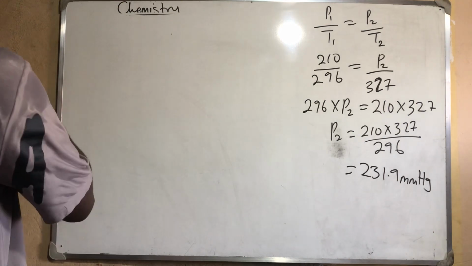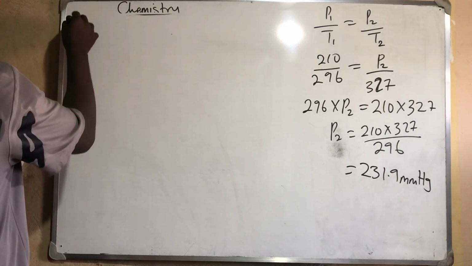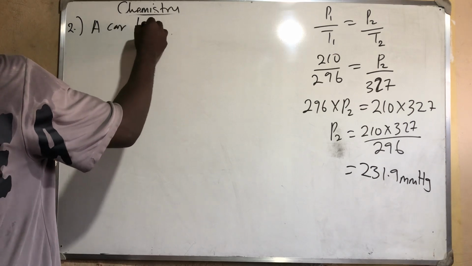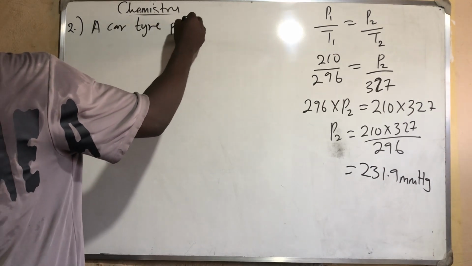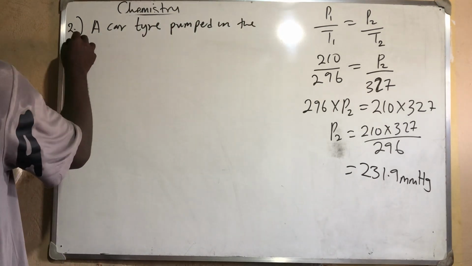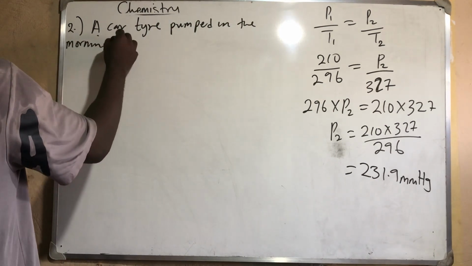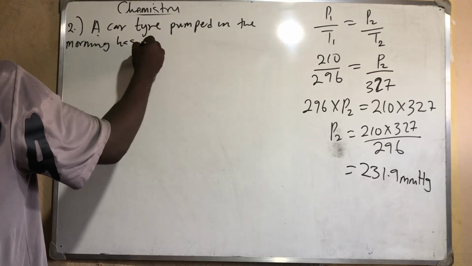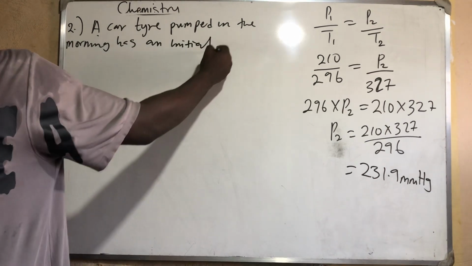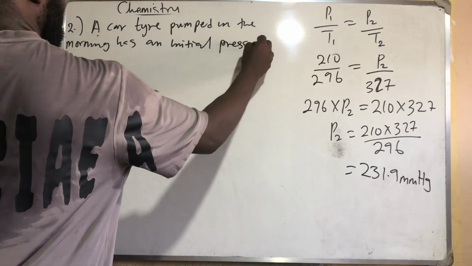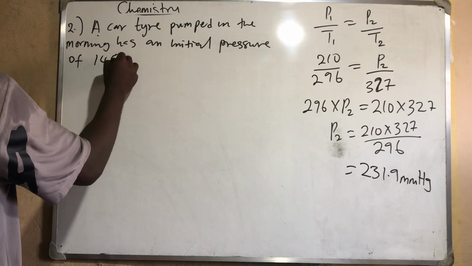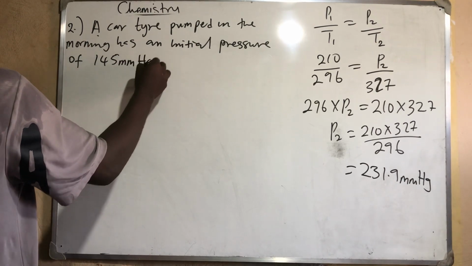Question number two said a car tire pumped in the morning has an initial pressure of 145 millimeter mercury.